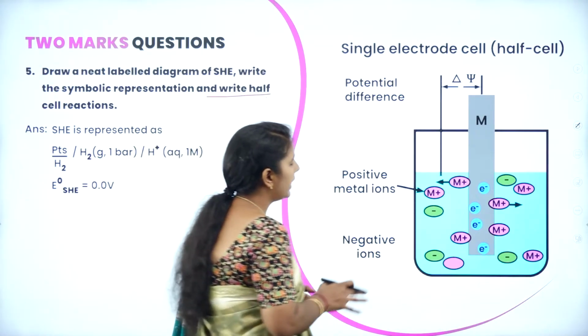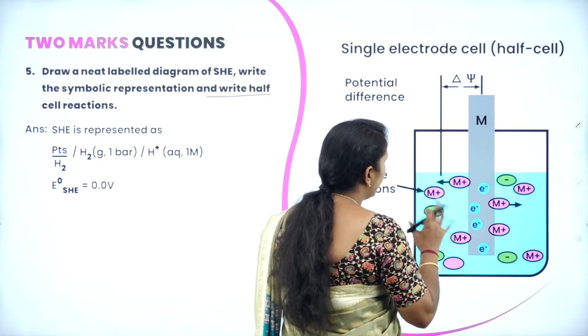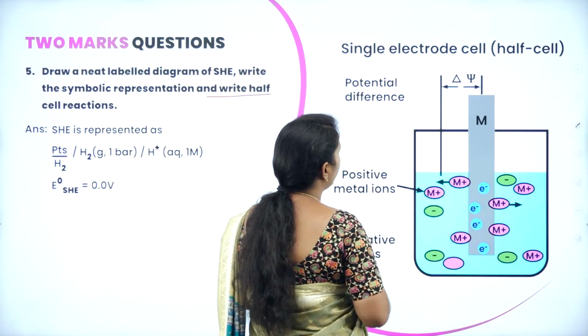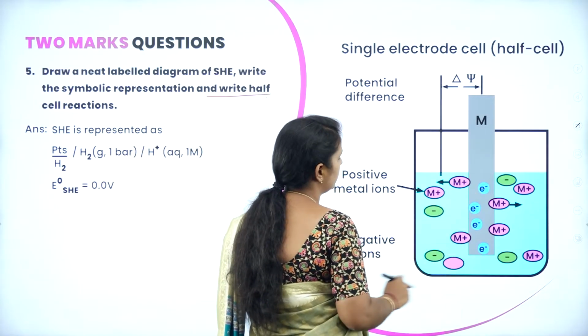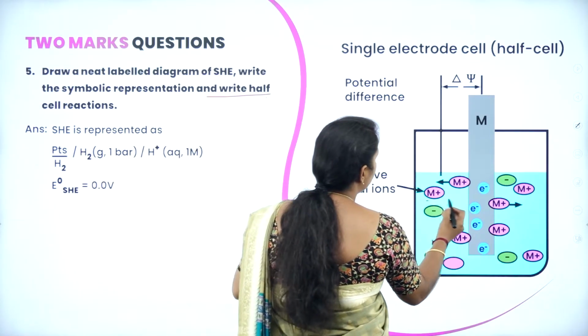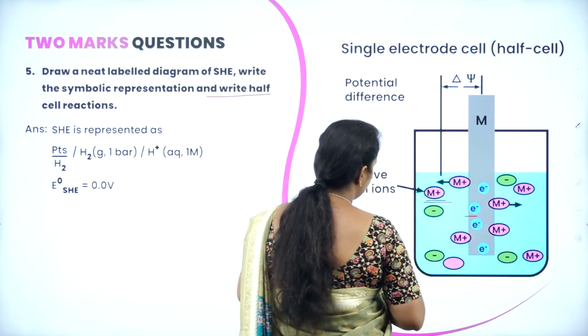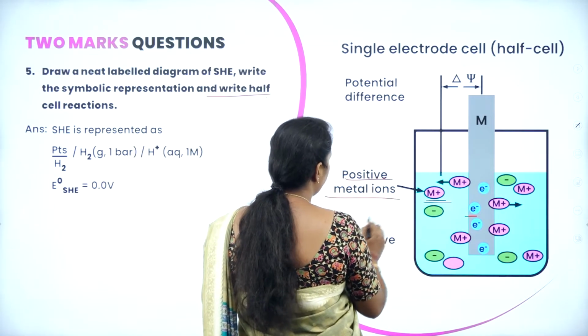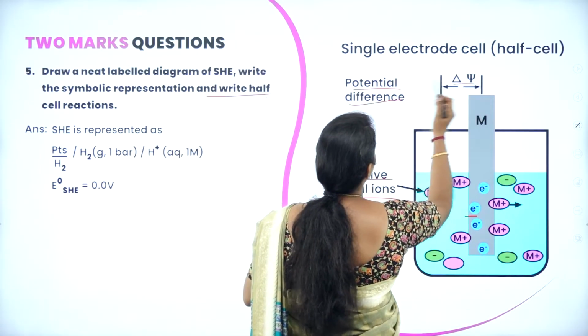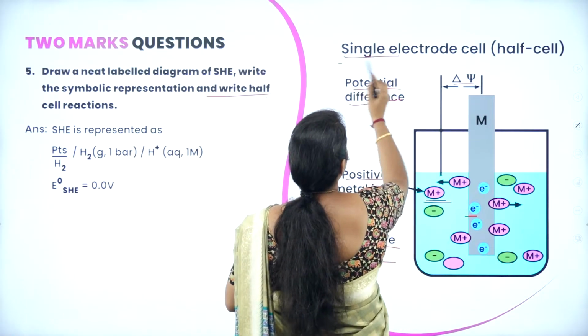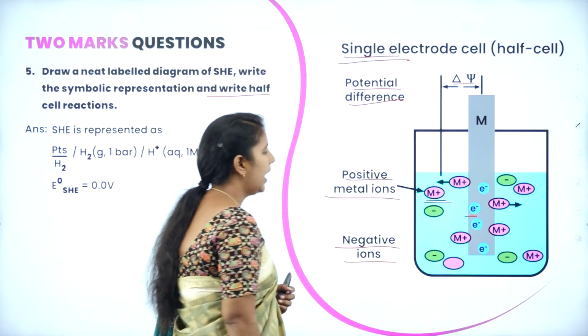So draw a beaker, then draw an electrode. That is a single electrode, hence it is also known as the single hydrogen electrode. And you need to show the cations and anions which have been formed, that is the positive metal ion and negative anions, and you need to show the potential difference, and also the half cell reaction.